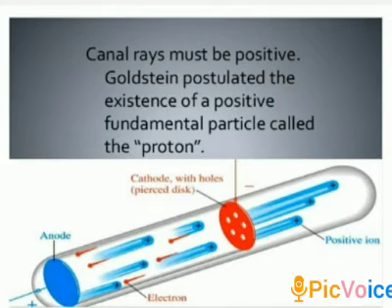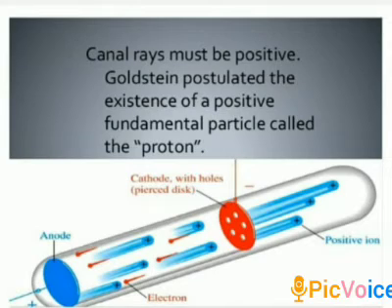A proton is formed by the removal of an electron from a hydrogen atom. So, students, Goldstein explained the formation of protons as follows. Hydrogen gas consists of hydrogen atoms.